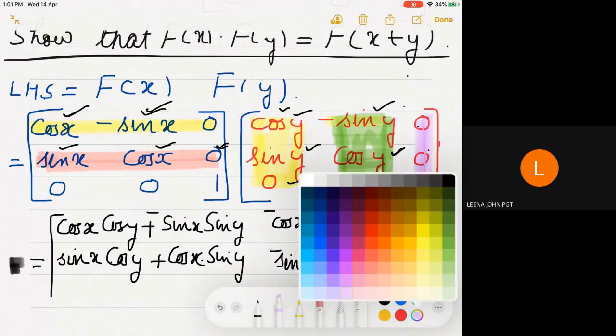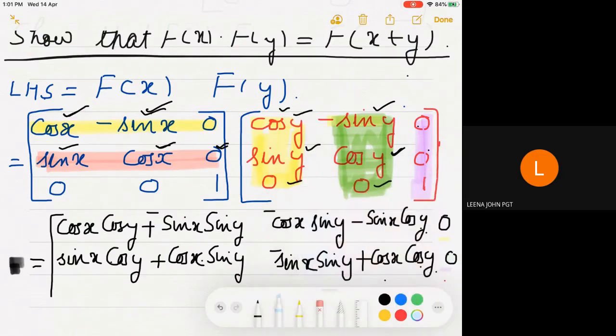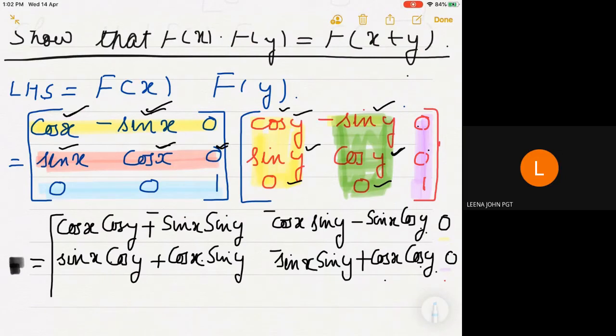Now you will come to the third row of the first matrix. The third row, now you have to multiply with every column of the second matrix. So 0, 0, 1, you multiply with the first column, 0 into cos y plus 0 into sin y plus 1 into 0. So it becomes 0.